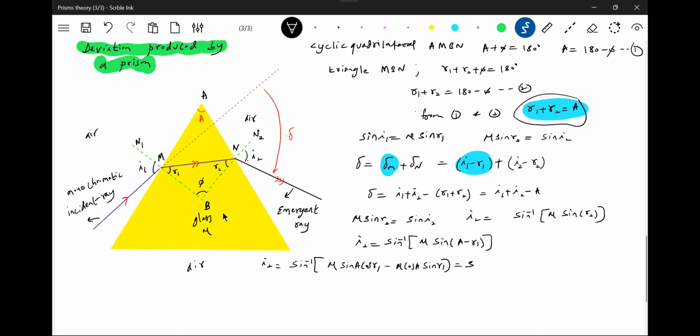Cos R1 will be root of 1 minus sine square R1, and sine R1 will be sine I1 by mu. So the expression for I2 will be sine inverse of, with sine square R1 substituted.